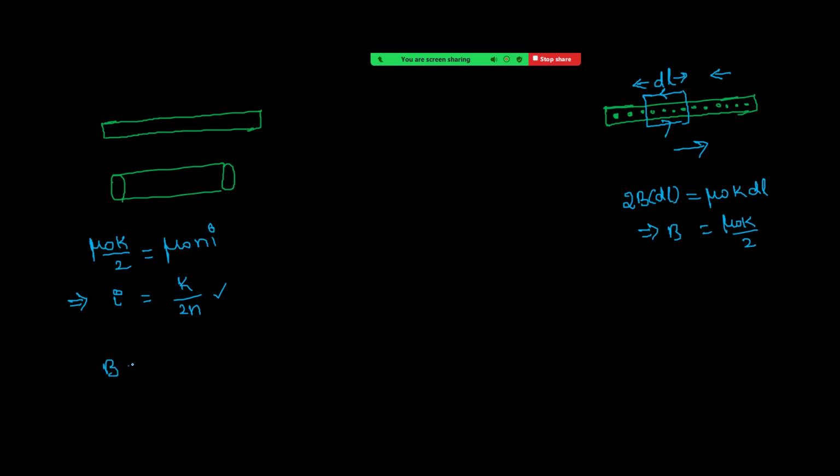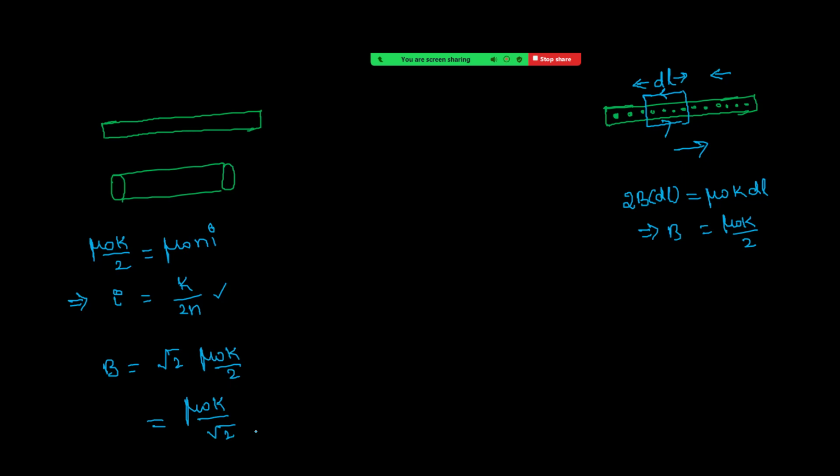Therefore the resultant will be root 2 times mu naught K by 2, because both are the same but the angle is now 90. So this is now mu naught K by root 2.